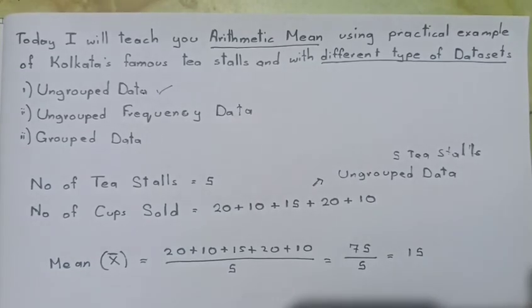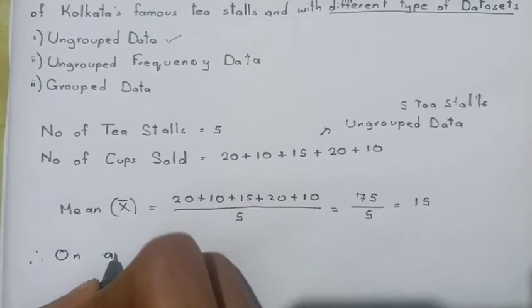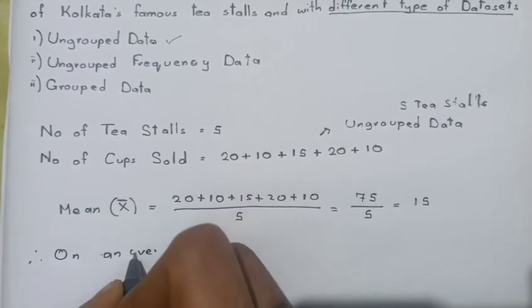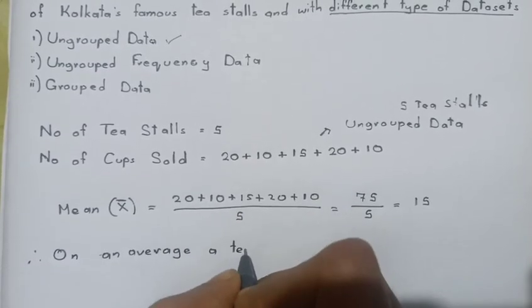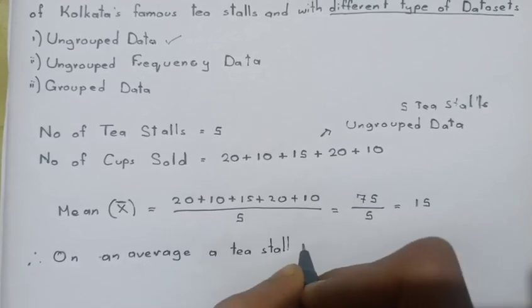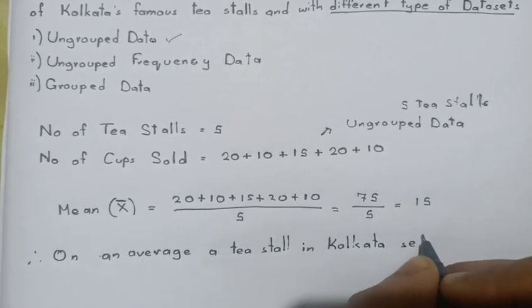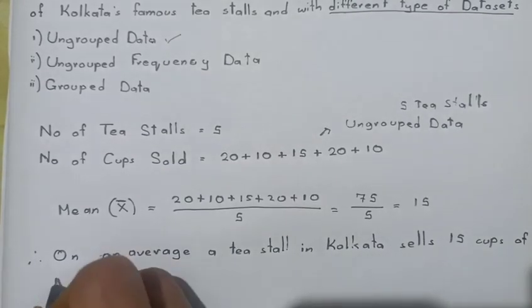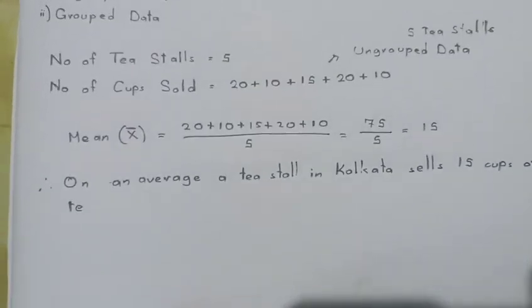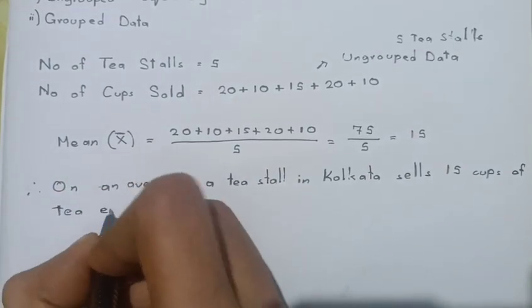So we can say that, on an average, a tea stall in Kolkata sells 15 cups of tea every day.